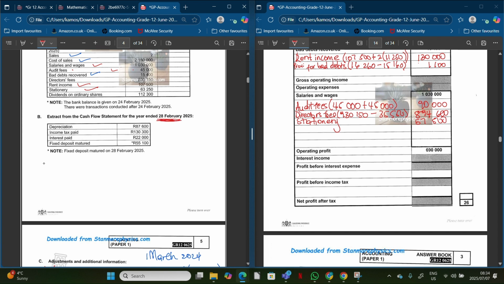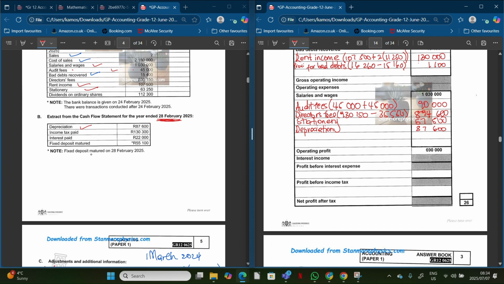So you're gonna come here and add depreciation too, because remember it's an expense. I also have a video on depreciation. Luckily this time around they didn't ask us to calculate it, but if you don't know how to calculate it, I'll also put the link of the video down below, right? So for depreciation we're gonna have 87,600, right? Then we're done with it.